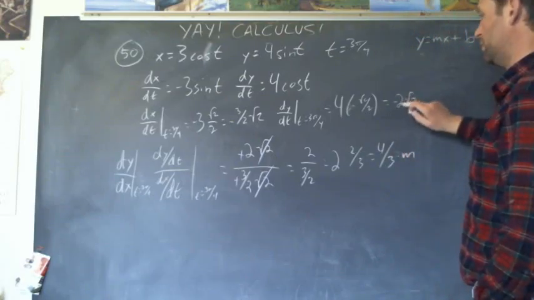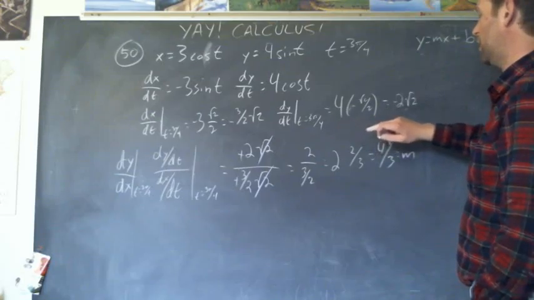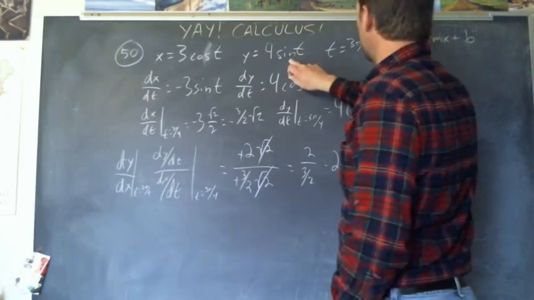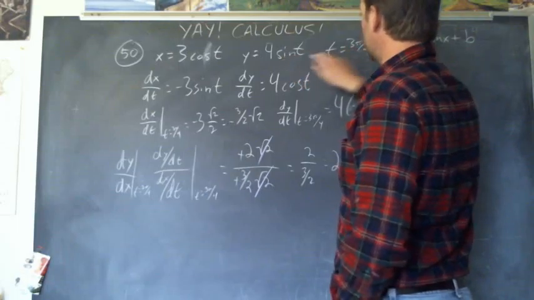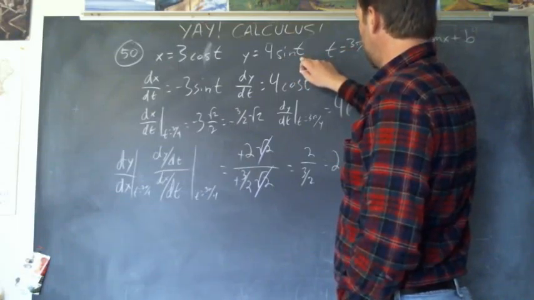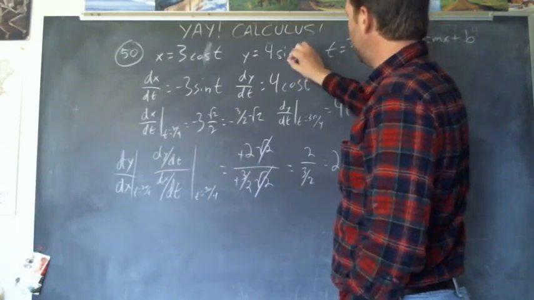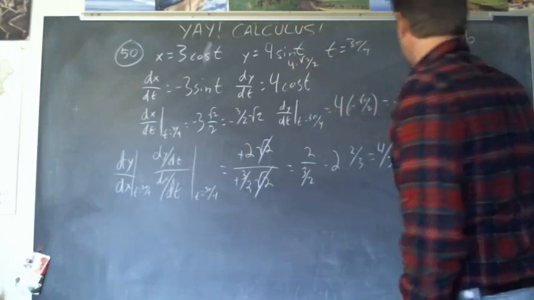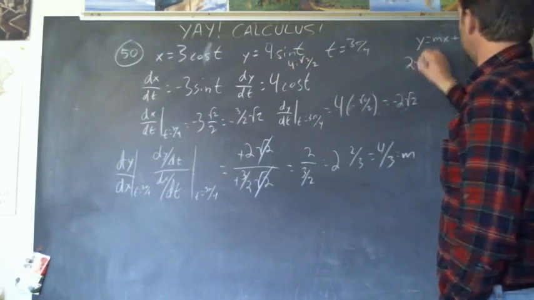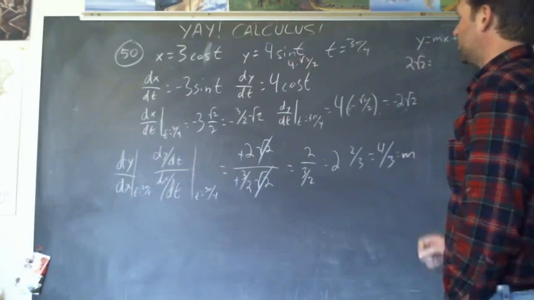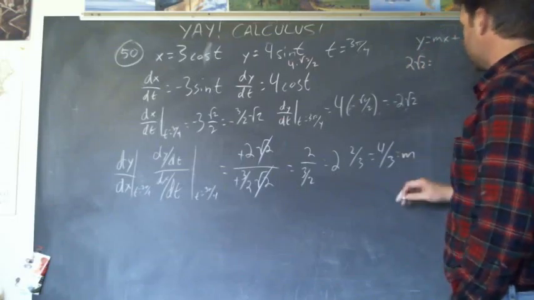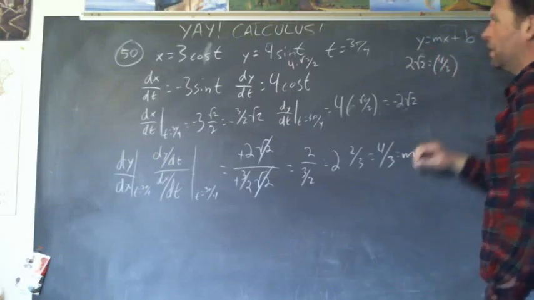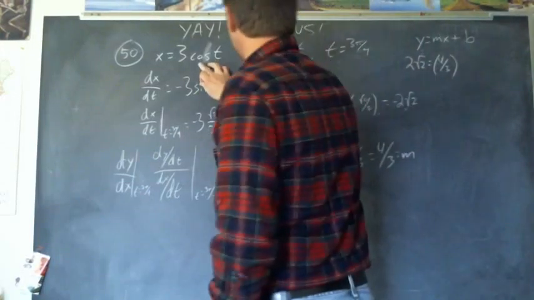y is equal to m x plus b. So y over here at 3 pi over 4, sine of 3 pi over 4 is radical 2 over 2 times 4, and those go out, so that's 2 radical 2, equals m, 4 thirds, times x at 3 pi over 4.